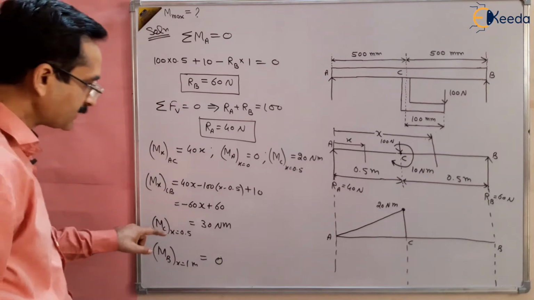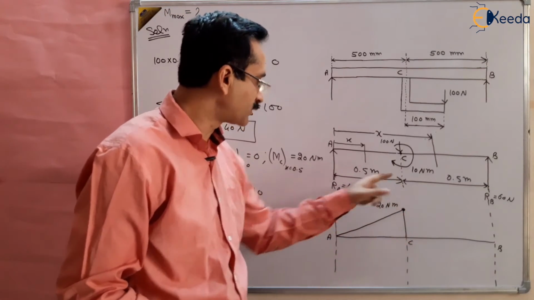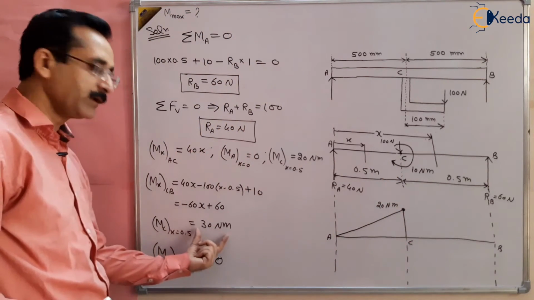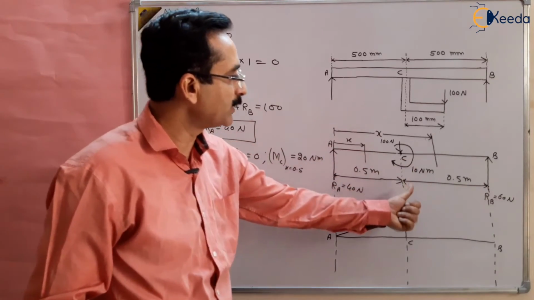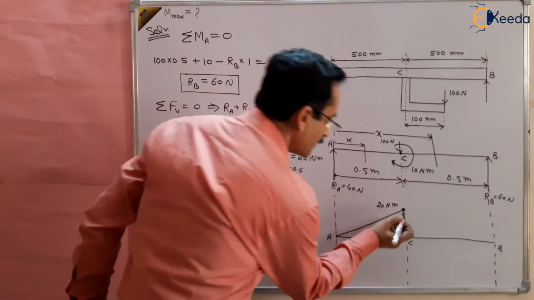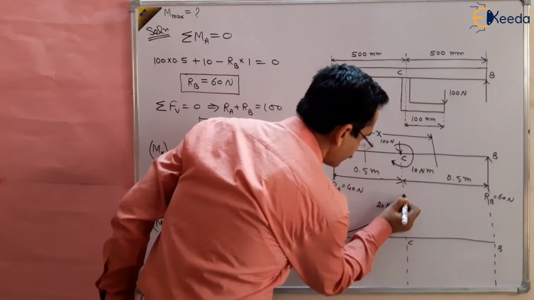So now at point C there is an abrupt change from 20 to 30 Newton meter, because there is a moment or couple at point C, so 10 Newton meter addition is there. So there is an abrupt change in bending moment from 20 to 30 at point C, like this.